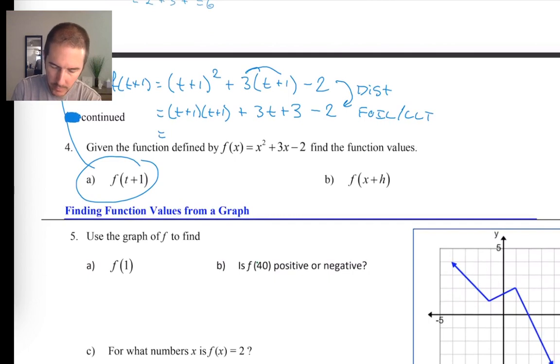Alright, foiling gives me a t squared plus t plus t plus 1, and then we have the plus 3t and a plus 1 from combining like terms.